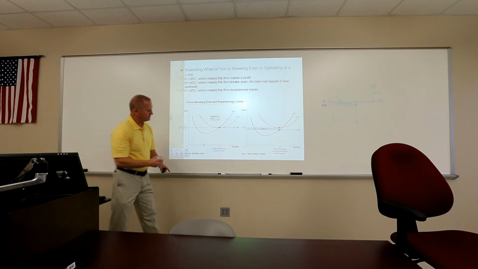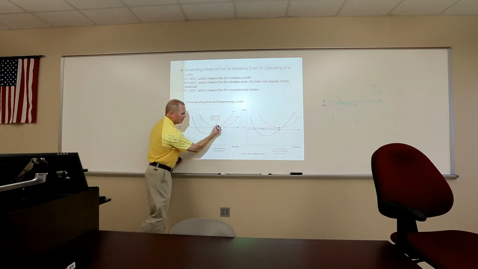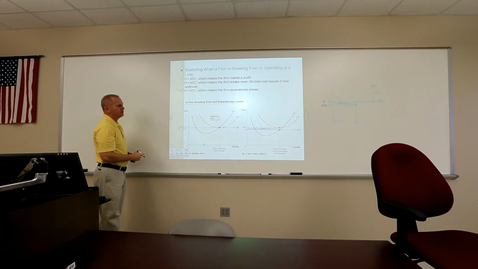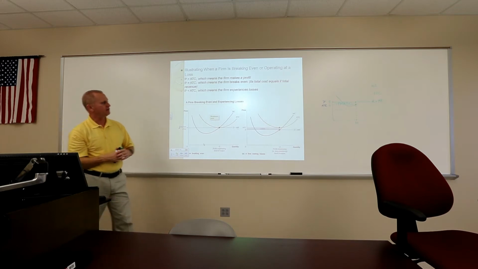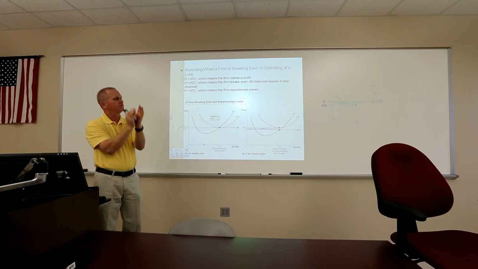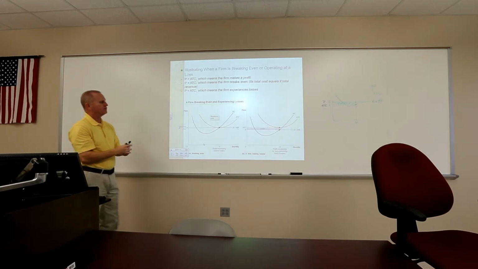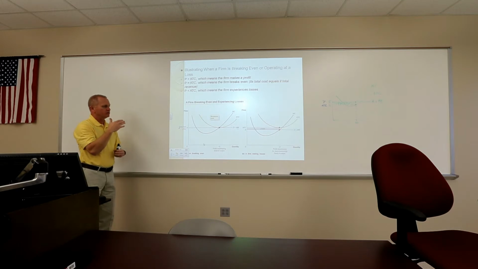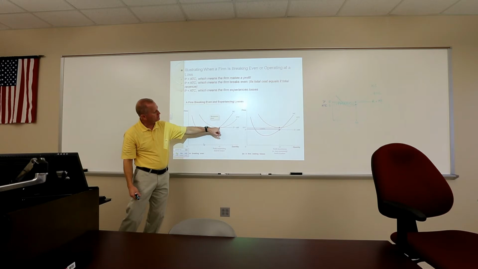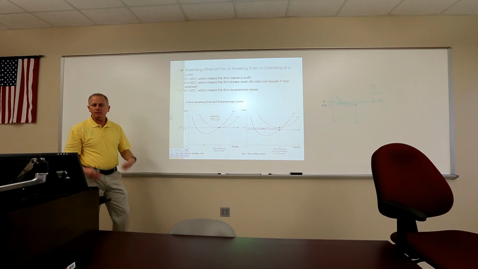The profit maximizing quantity, though, is still where MR and MC intersect. All that's happened is that the average total cost line is shifted a little bit further up. So when the minimum point of the average total cost line is barely touching the marginal revenue line or demand curve, then you see break even. The firm is just breaking even. Okay.